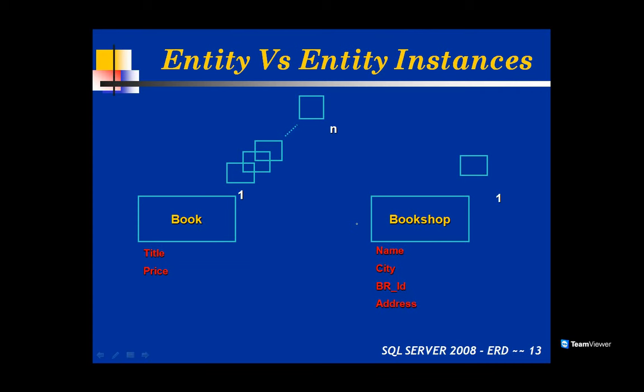When I say book, I may have lots of books, so book is the example for a multiple instance entity. Sometimes an entity may have a single instance, sometimes multiple instances, but an entity cannot have zero instances. That is wrong. So this is entity versus entity instance.